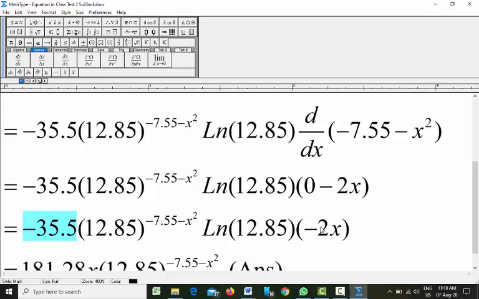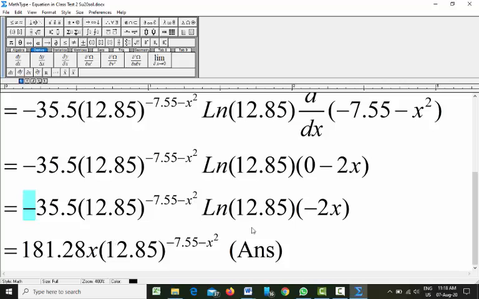So these three we can multiply, but remember we cannot multiply them with this one because this is locked by this power. First of all we will multiply this minus 2 with this minus, so we will get a plus.